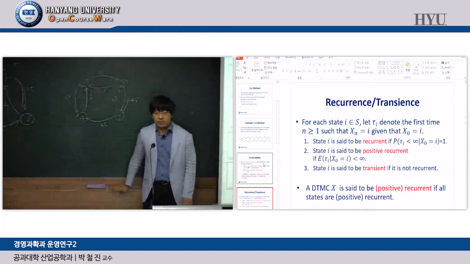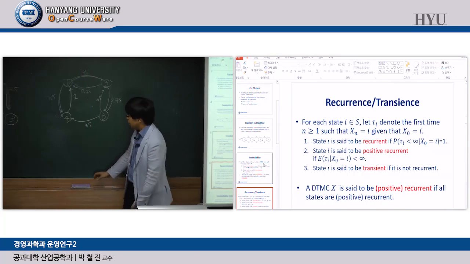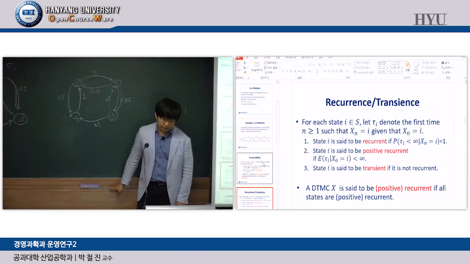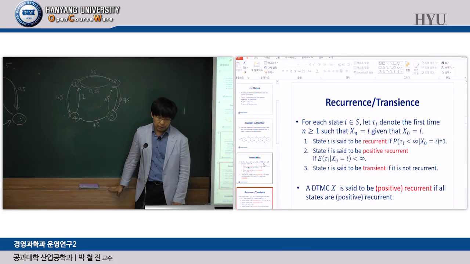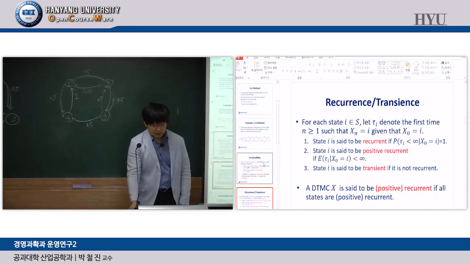So recurrence is another concept. Recurrence is very hard to understand the first time. So we need to introduce a new notation, tau, to understand recurrence.